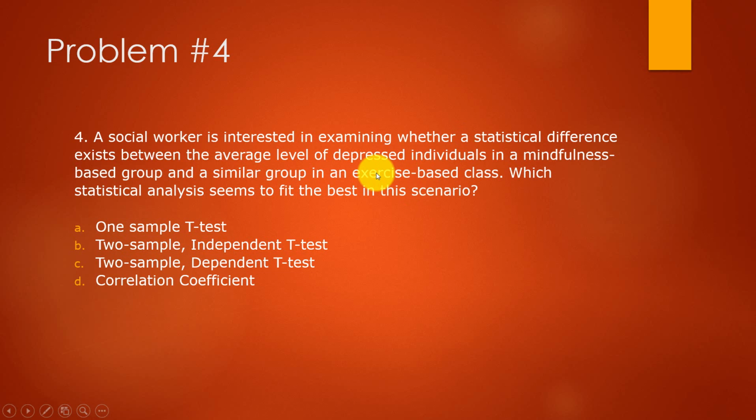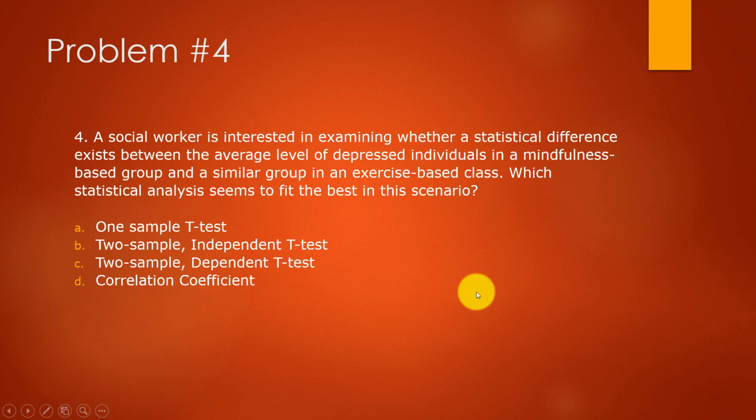And then again, we're looking at level of depressed individuals, and that's true for both the mindfulness group and for the exercise-based group. So the depressed individuals is going to comprise the population from which we're selecting both samples. So the mindfulness-based group has a sample of depressed individuals, and so does the exercise-based group. So they're both coming from the same population, and that's why the two-sample dependent t-test is correct.